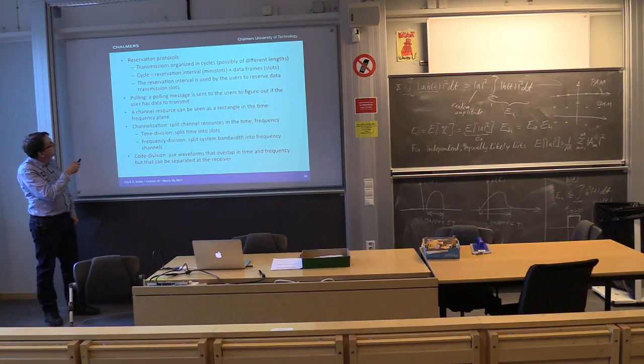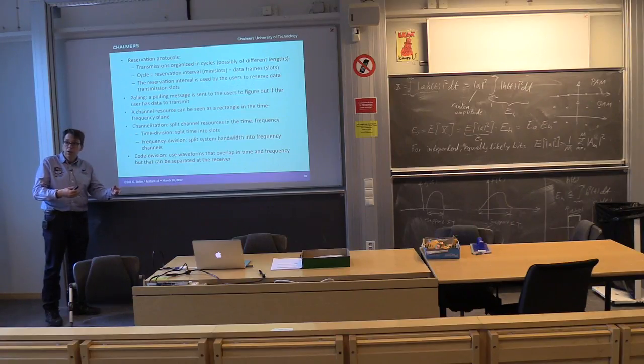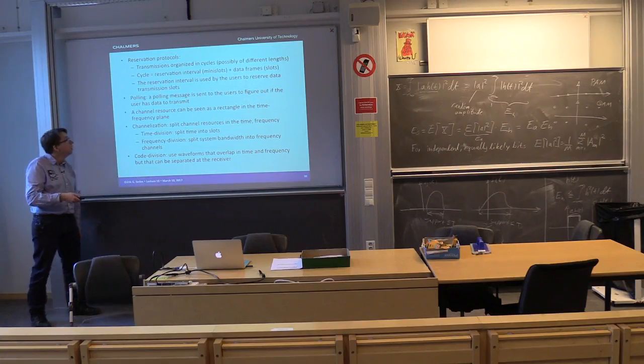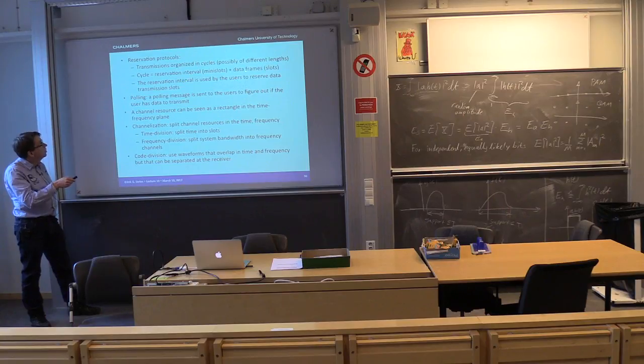Reservation protocols means that we transmit organized in cycles, possibly of different lengths. So we have a reservation interval where we coordinate access, and then we access the channel. So we have control where we agree upon in which order to transmit and how much and so forth. And then we have a period where we actually transmit data. And that together is called the cycle.